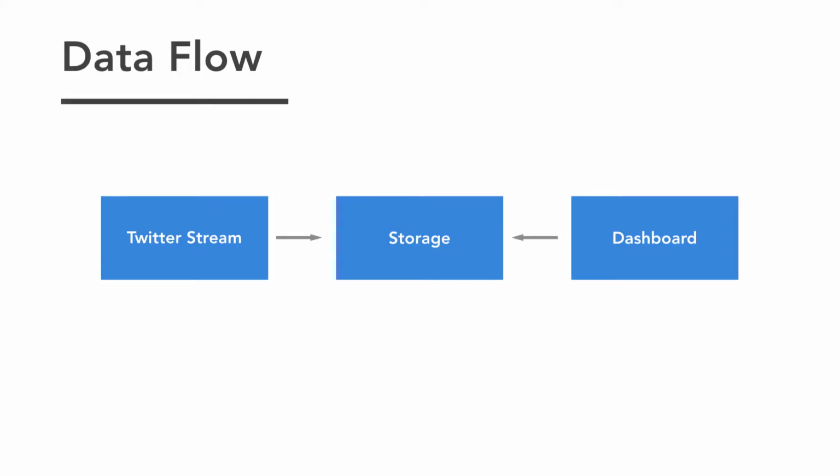On the right side, we will have our web dashboard. This too will be constantly running 24/7. It will query our storage solution routinely to get the latest tweets. Setting up the two services will be straightforward. So the data engineering question, if you will, is how should we store the data?